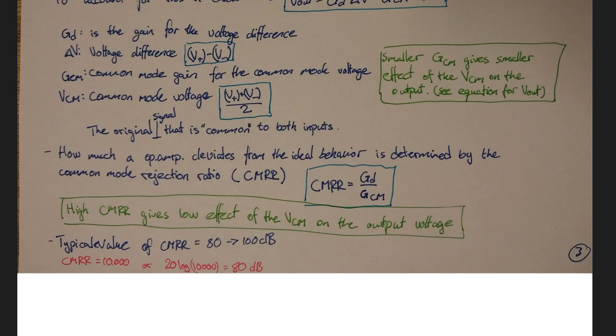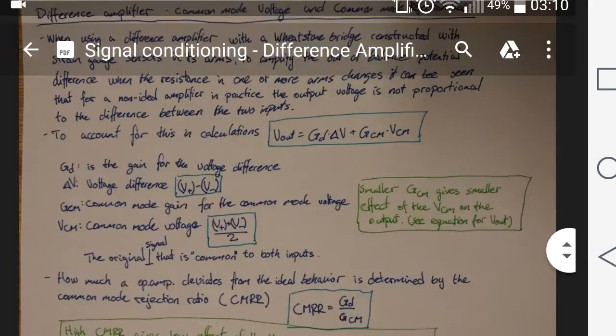Typical values of the common mode rejection ratio are between 80 and 100 decibels. And if you encounter a large number like 10,000 in datasheets, you can calculate it by saying 20 times the logarithm of 10,000 gives you 80 decibels.